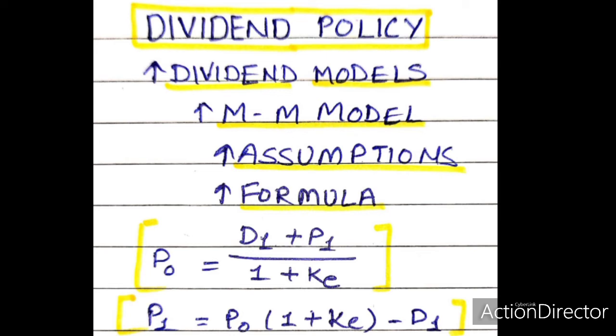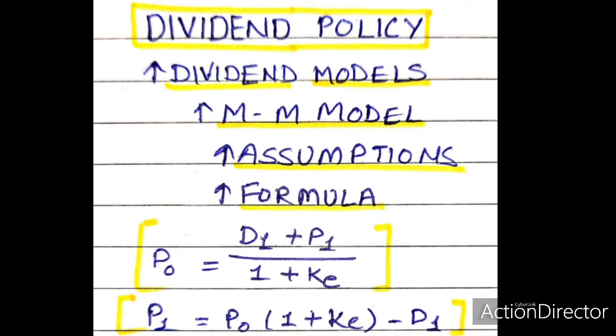And lastly, uncertainty. One cannot be certain about the future investment opportunities and future earnings. It cannot be said with certainty that the firm will declare and pay dividends to shareholders at the end of the period.